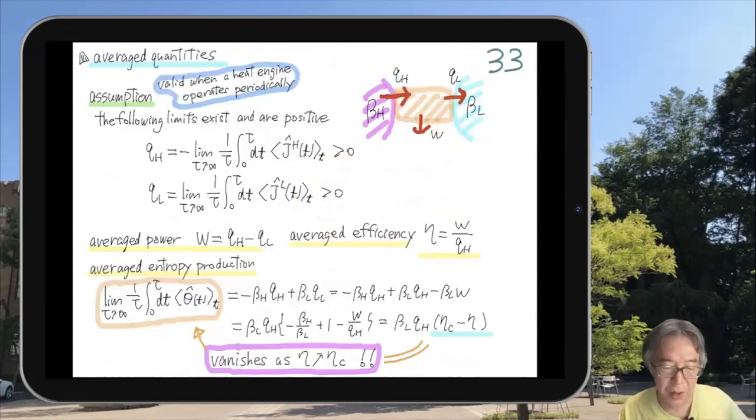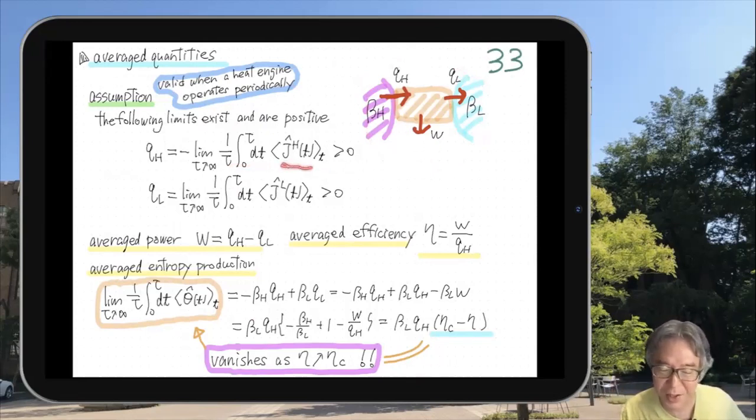Okay, now we will focus on averaged quantities because they're most useful and easy to treat. Okay, so here is our assumption. We assume that the following limits exist and are positive. And these are simply the averaged currents. But since we want to treat this kind of heat engine type setting, we want to use the heat engine sign convention.